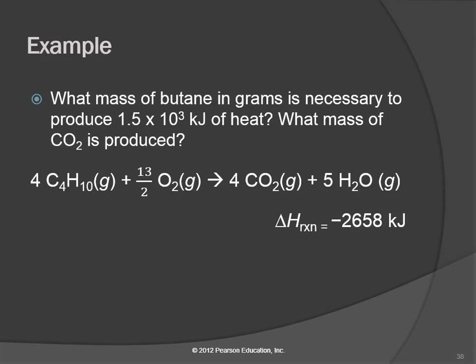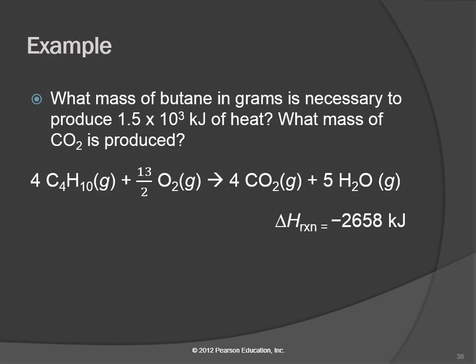What mass of butane in grams is necessary to produce 1.5 times 10 to the third kilojoules of heat? Producing kilojoules of heat. So if we're going to use negative signs, would that be negative or positive?